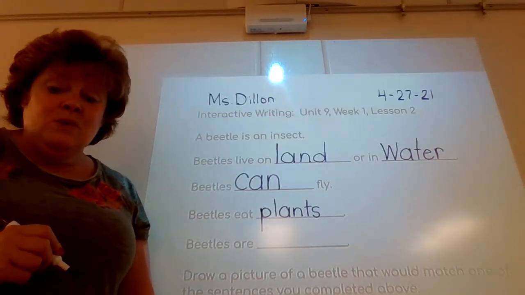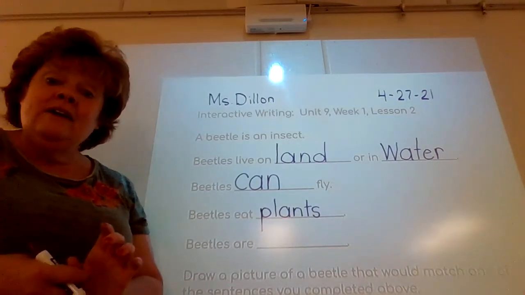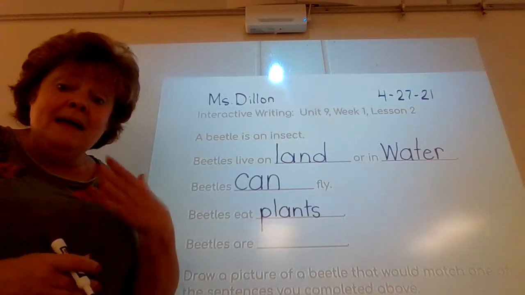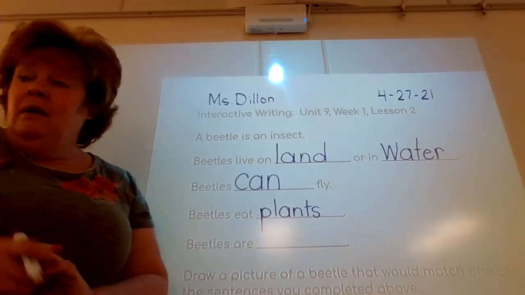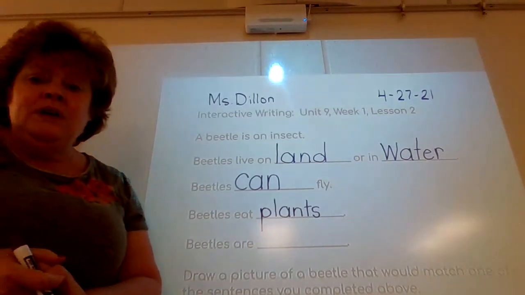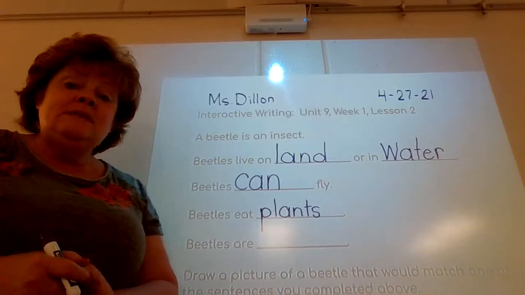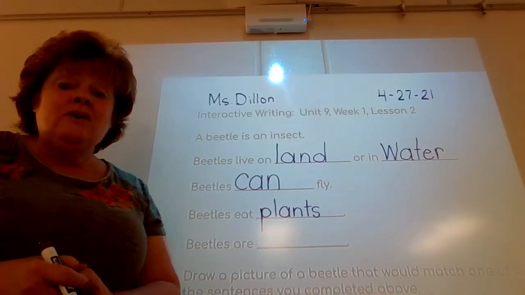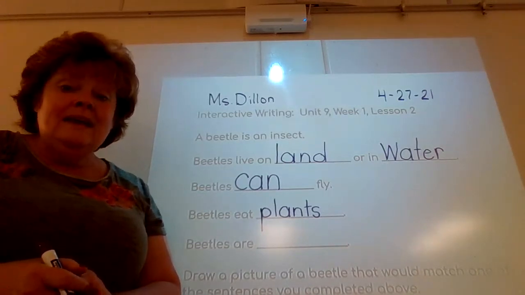The last one has a pretty long word, and I actually went back to the book to remind myself what should go in that blank. And I think we could put lots of things in there, but the word that it used in the book, it says beetles are interesting insects.